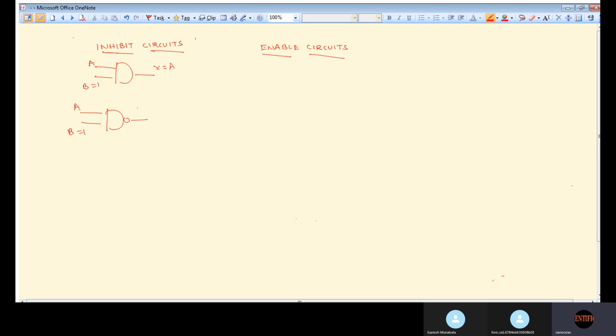Look at what we saw earlier: x is equal to A bar. So here, for the gate with B equal to 0, x is equal to A. The NOR gate taking A, B equal to 0, x equal to.